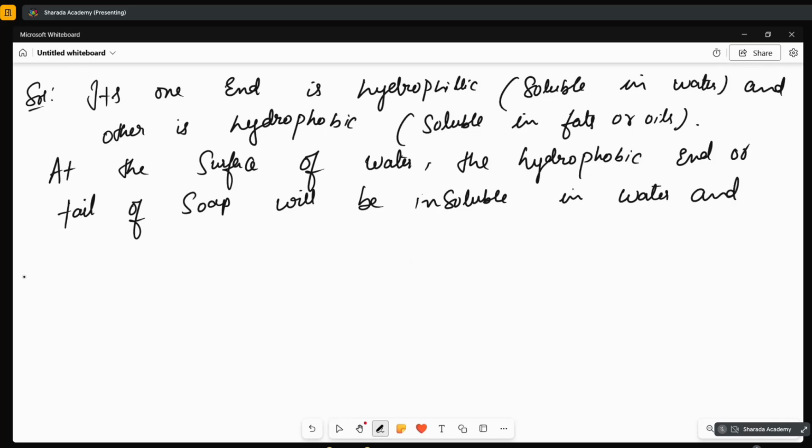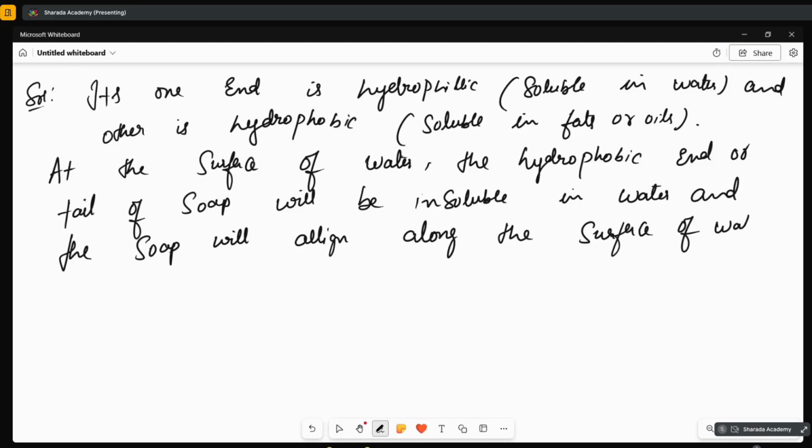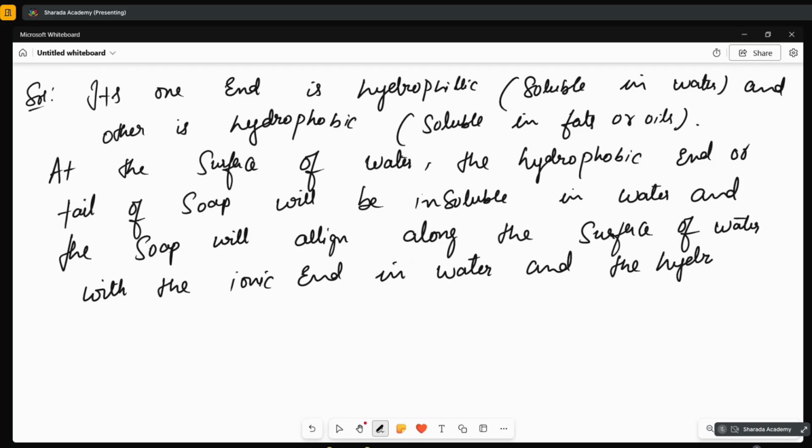The soap will align along the surface of water with the ionic end in water, and the hydrocarbon tail out of the water. That means the tail part will be out of the water.